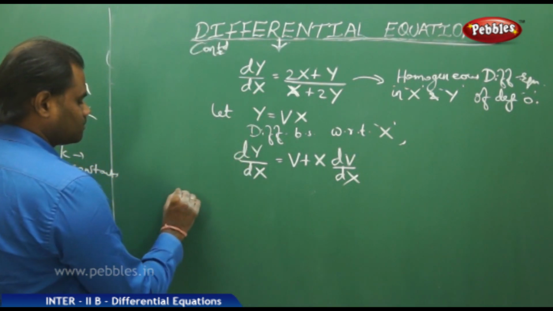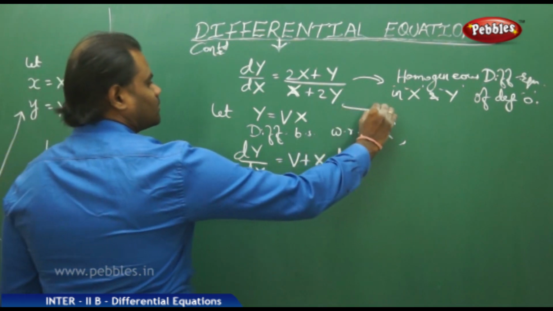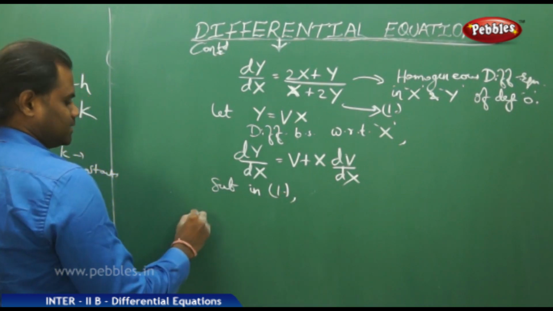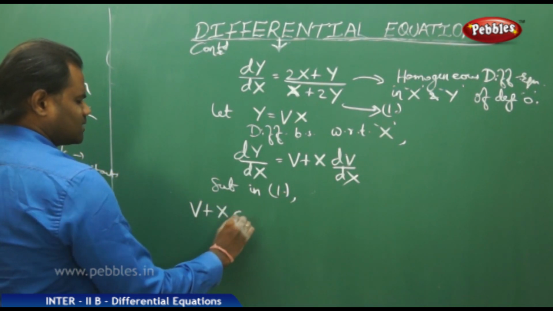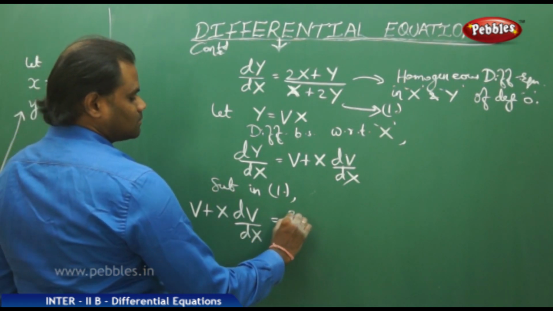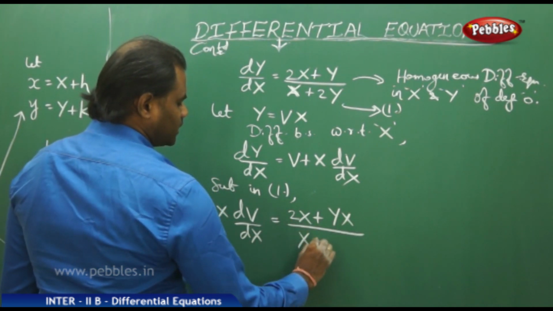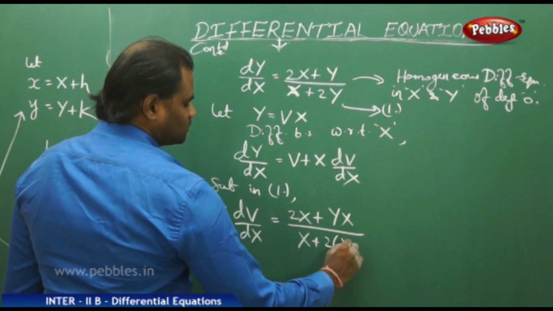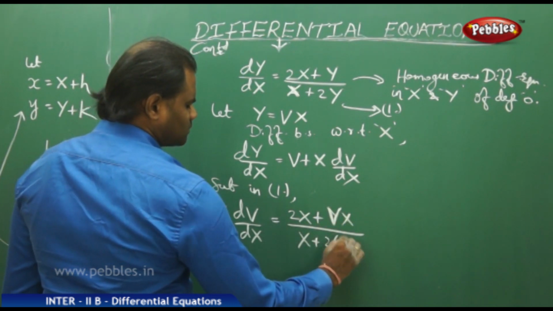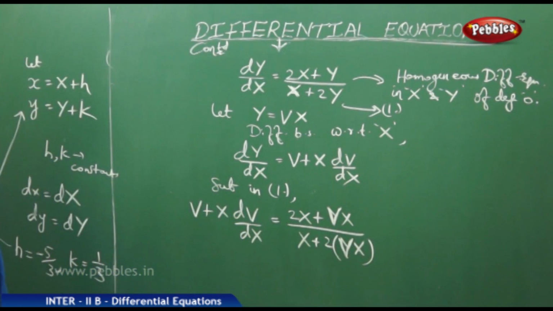So substituting in equation 1, we get v plus x dv by dx equals 2x plus y, which is vx, by x plus 2 times y, which is vx, is how we get.